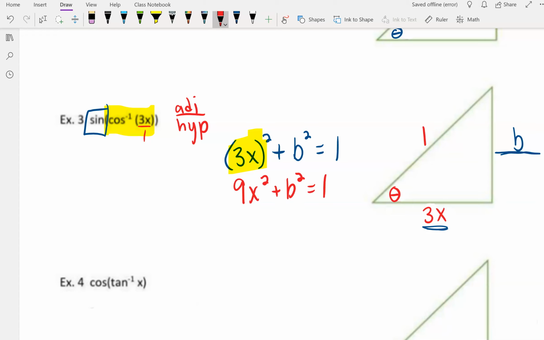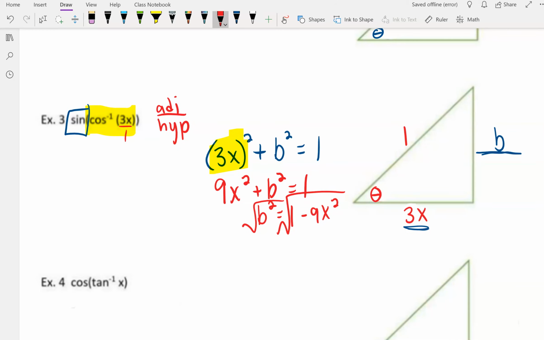Subtract the 9x squared, and we have b squared equals 1 minus 9x squared, and then square root both sides to solve for b. So b is going to be the square root of 1 minus 9x squared.